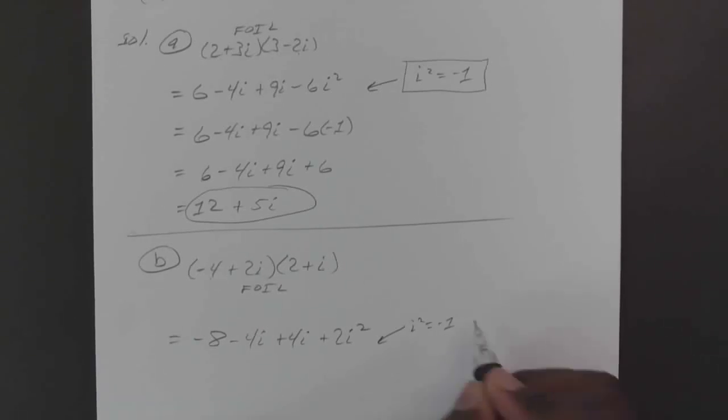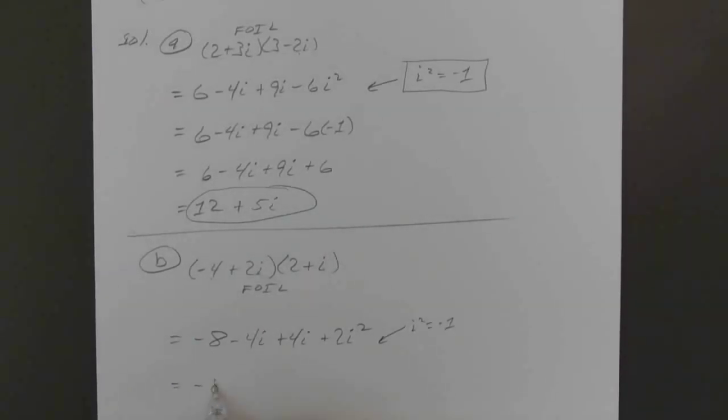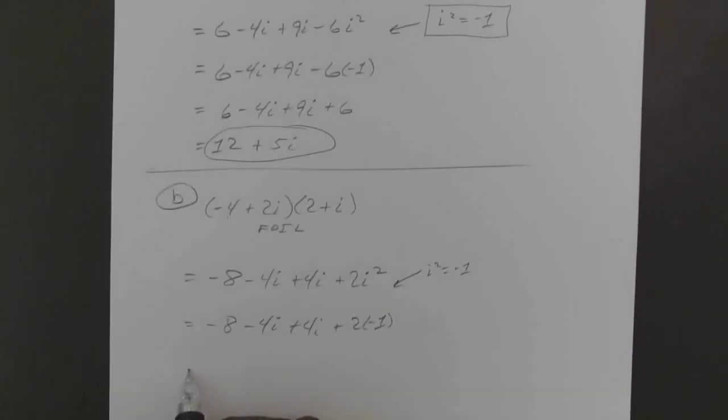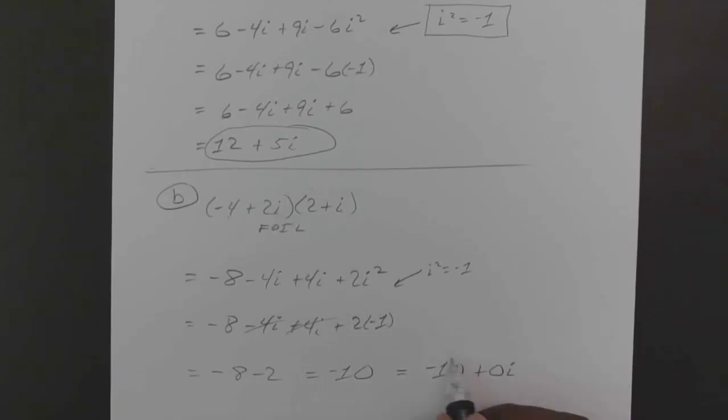The i squared is negative 1. It gives you negative 8 minus 4i plus 4i plus 2 times negative 1. Or you could have just made it negative 2 right there. So those two cancel each other out. So you're left with negative 8 minus 2, which is negative 10, which becomes negative 10 plus 0i.